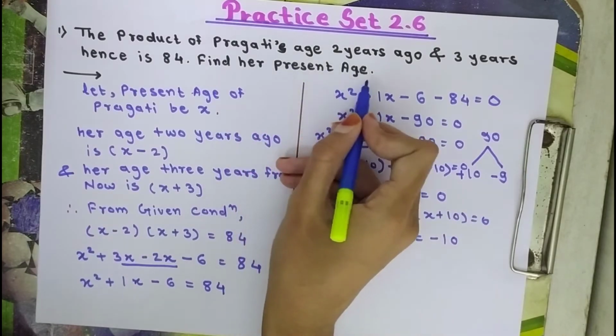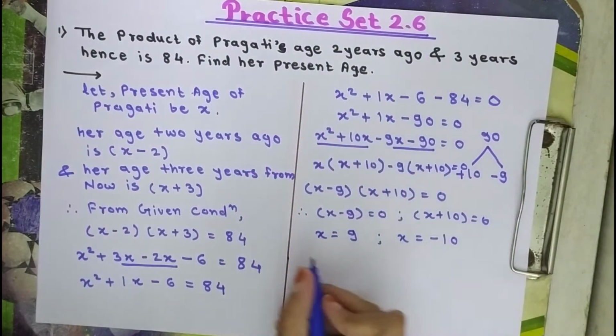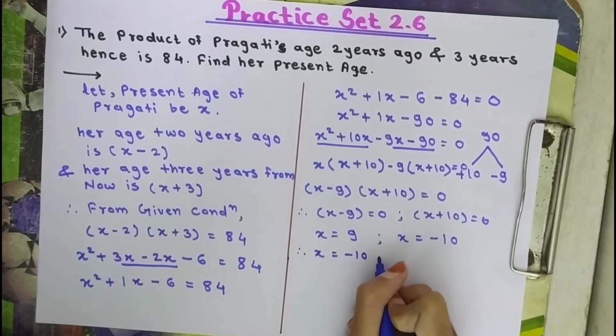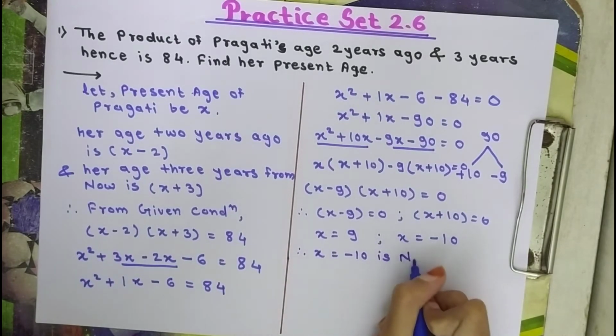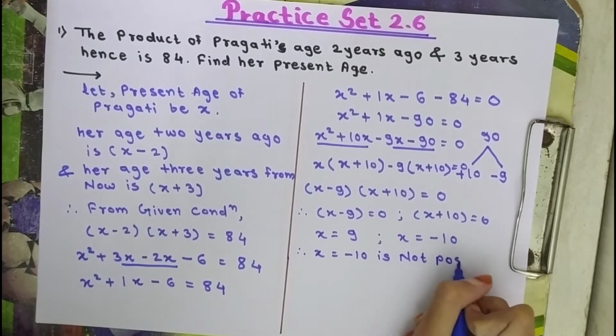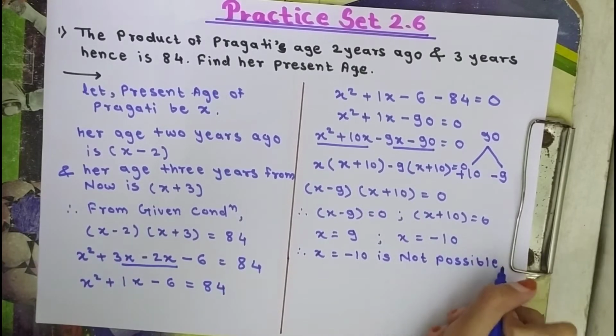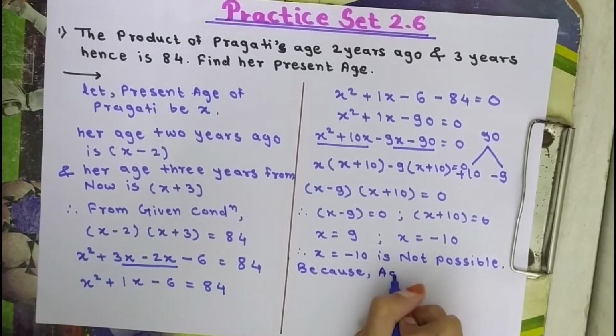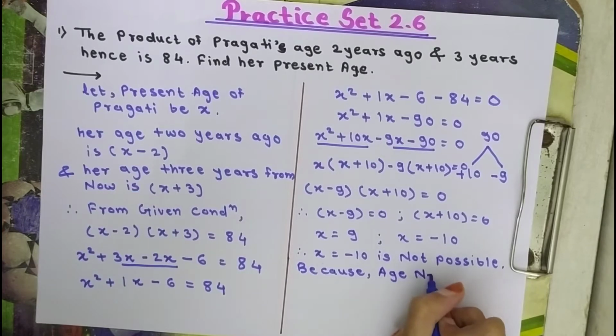But we want to find age. Age can never be negative, right? Therefore, x is equal to minus 10 is not possible because age can never be negative.